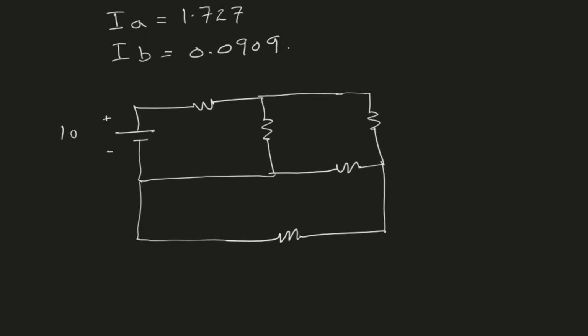In this case, I have R1 equals 1 ohm, R2, so this one is R2, which is equal to 2 ohms. This one is R3, and let it be 3 ohms. And this one is R4, which is 4 ohms, and R5 is 5 ohms.